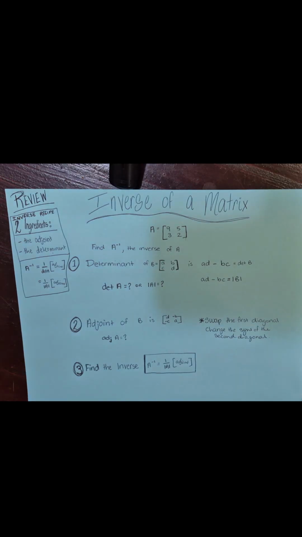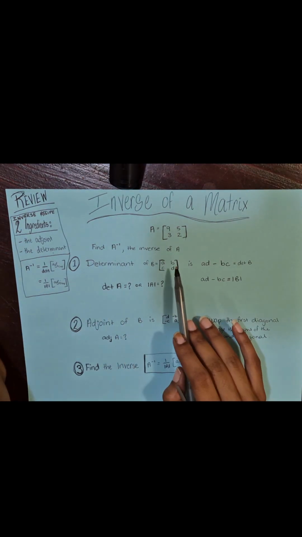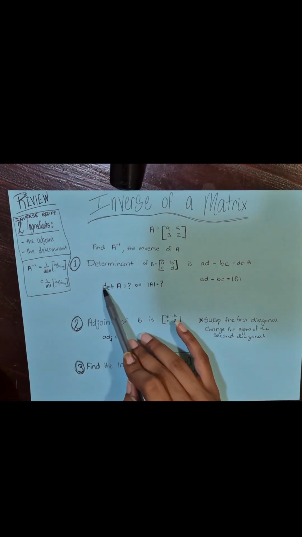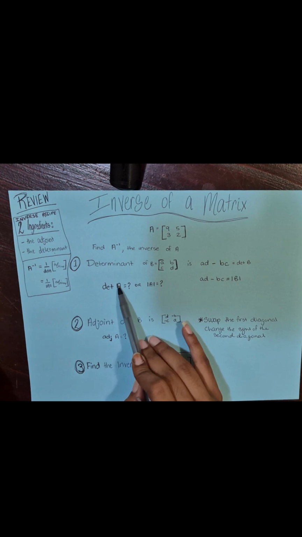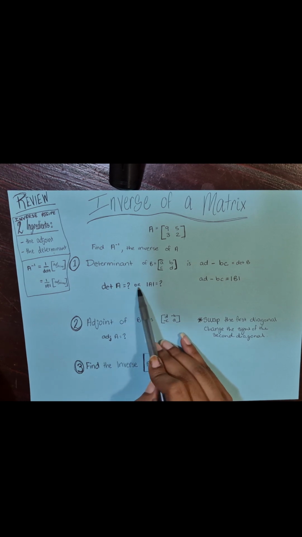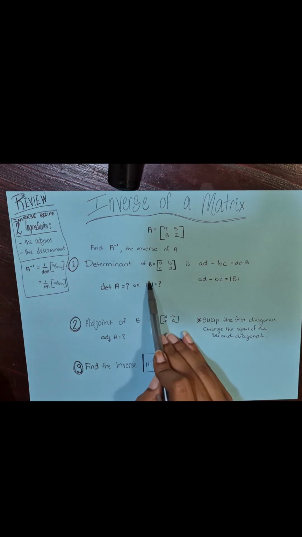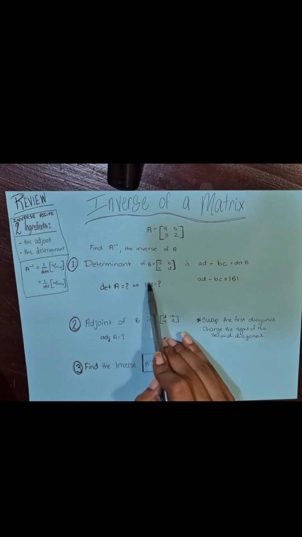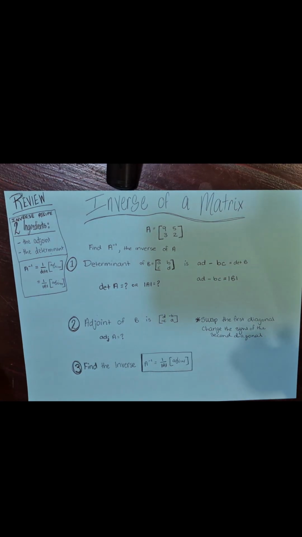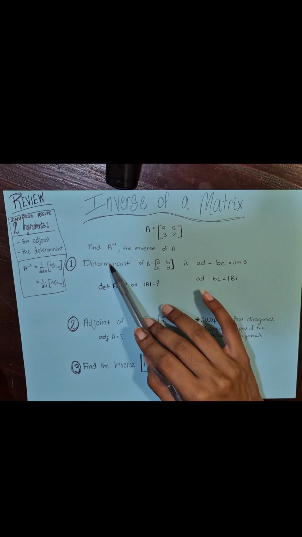Now, determinant. First of all, determinant has 2 different symbols. You can say DET and the matrix, so determinant of A, or you put 2 vertical lines and you put A in the middle. This is also a symbol for determinant of A. What is the determinant?